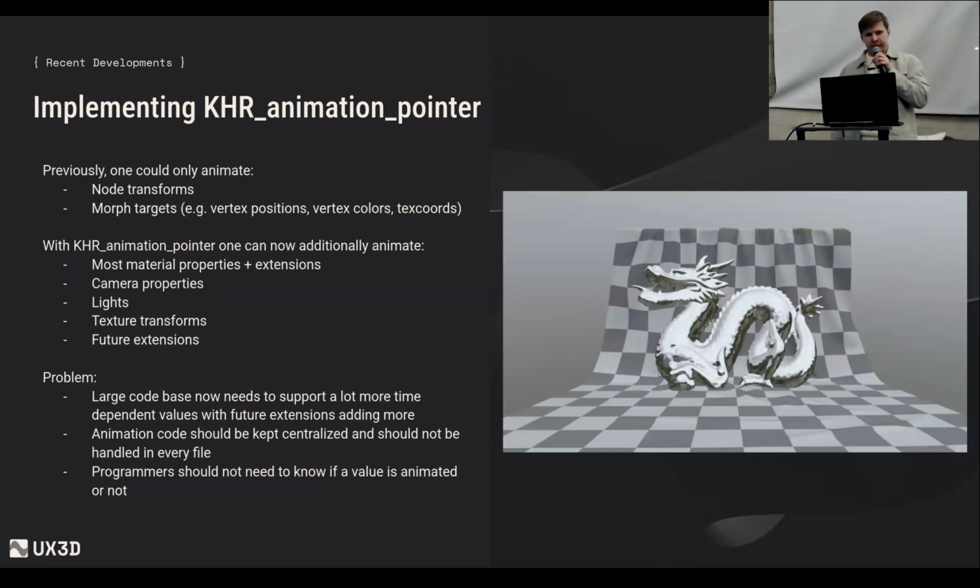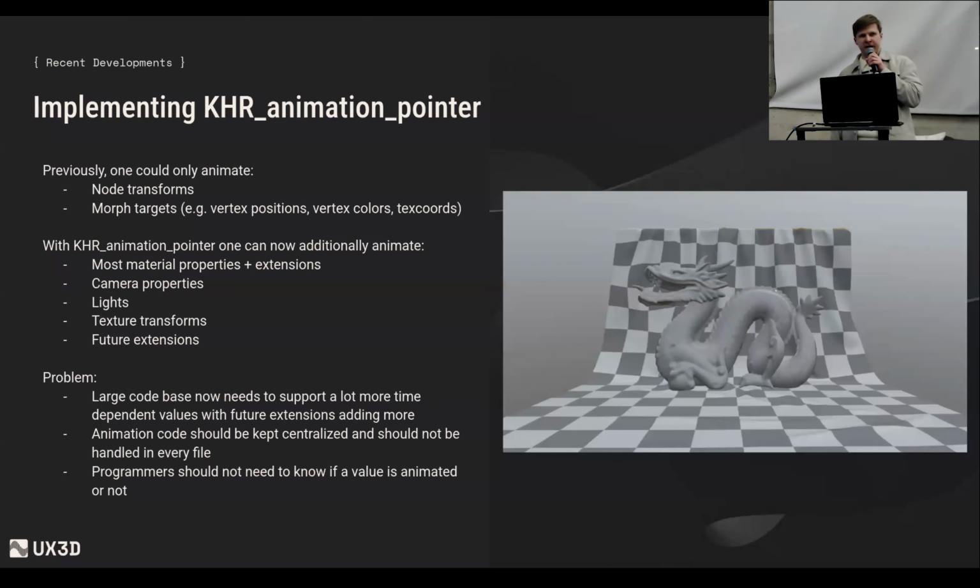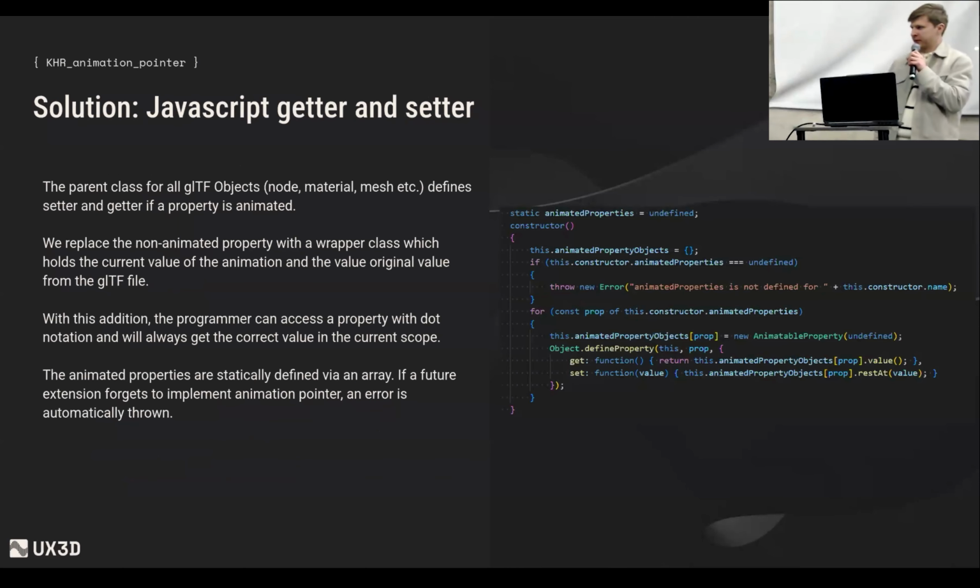So for implementation, there was kind of a problem. Every property now could be animated. So how do we change that without touching the whole code base? So yeah, we basically used JavaScript getters and setters. We have a parent class which implemented the getter and setter, and we have a new class for the animation.